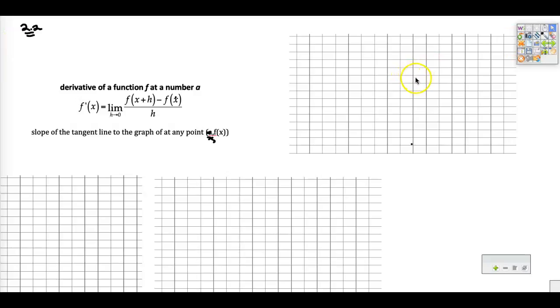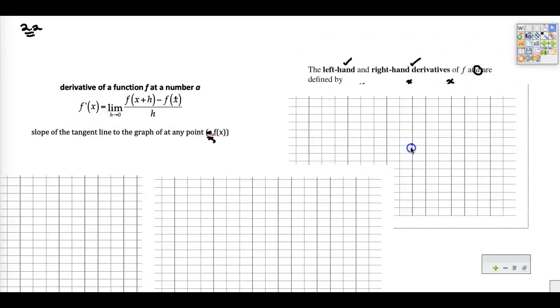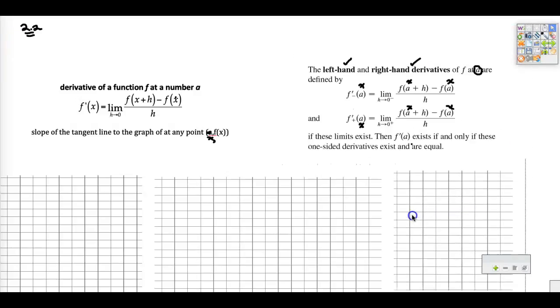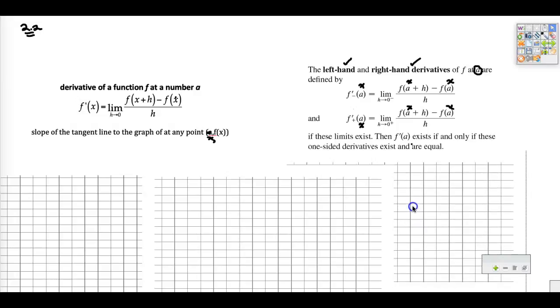And then we were finishing up our class illustrating here that in order for a limit to exist, the left-hand derivative and the right-hand derivative have to be equal. And this is the thing, practicing the notation, because now the left-hand derivative is the limit as h approaches 0 from the left. And again, a could be interchanged with x.